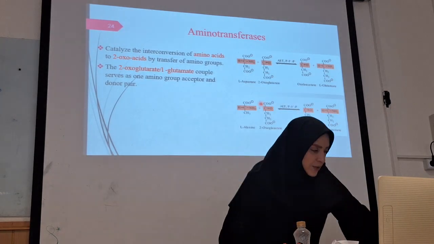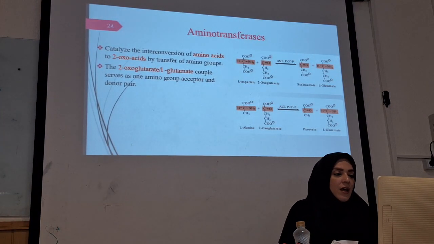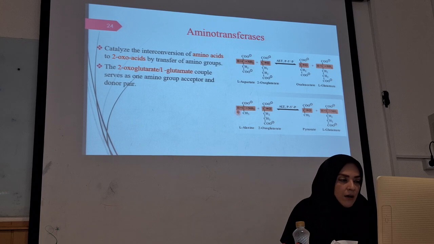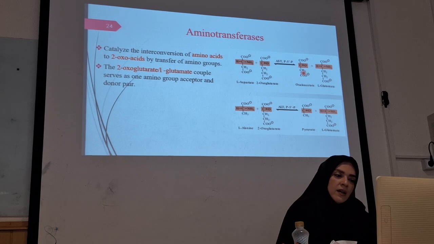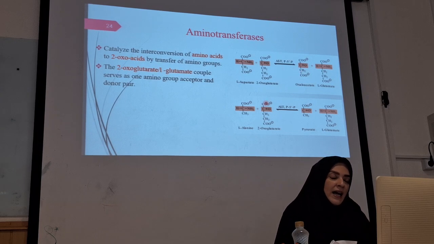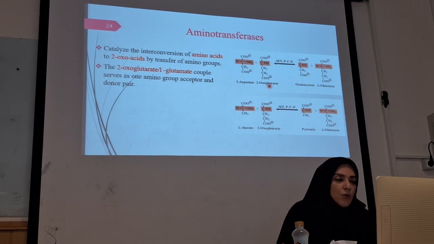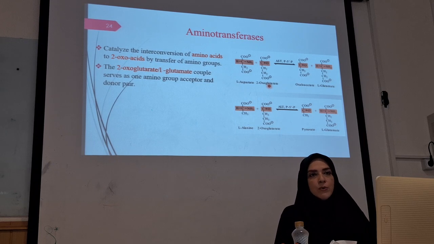If I ask you, whenever I remove the amine group from alanine, what is the product? Pyruvate. If I remove the amine from aspartate, what will be the product? Oxaloacetate. Another question: this is 2-oxoglutarate, or alpha-ketoglutarate.